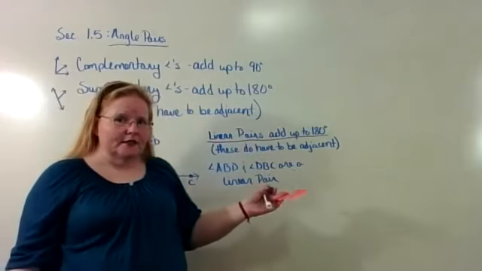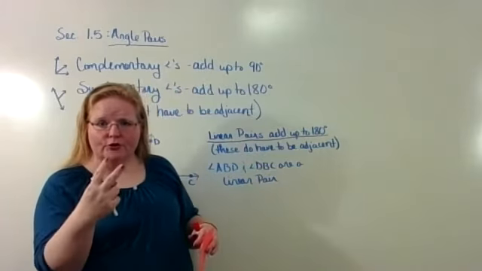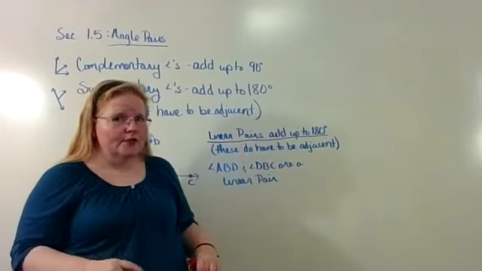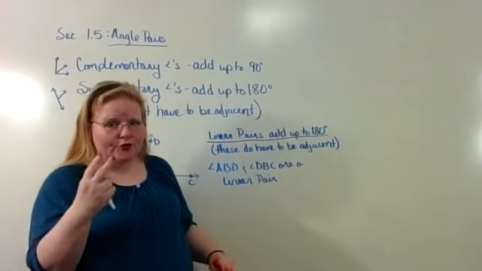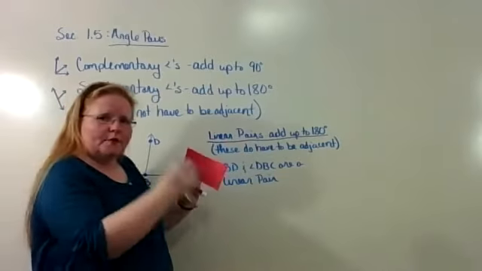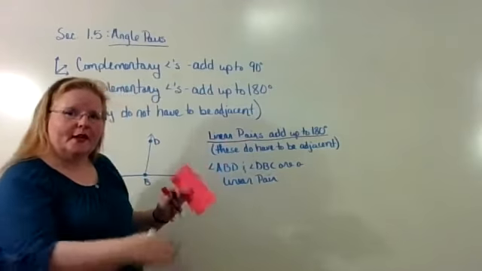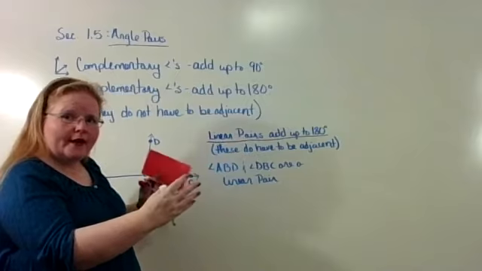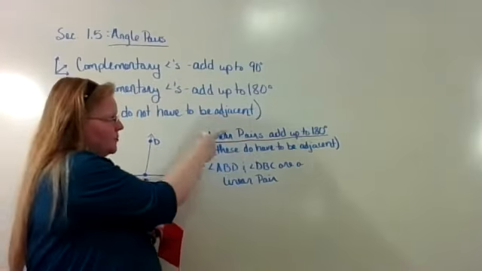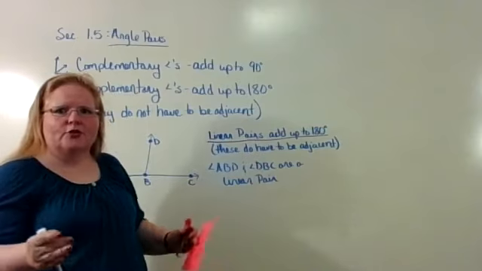Last time we did this, we had to use two different reasons. Now we can just say they're linear pairs and not have to worry about those two different reasons. So that's why we want to try to keep things short. And as we go on, we'll be able to shorten things even more every single time. So we went from two reasons last time to just one reason now. So we've already shortcutted stuff already.